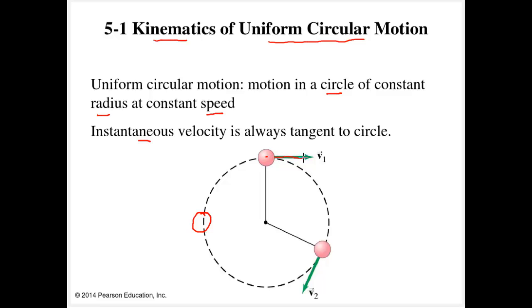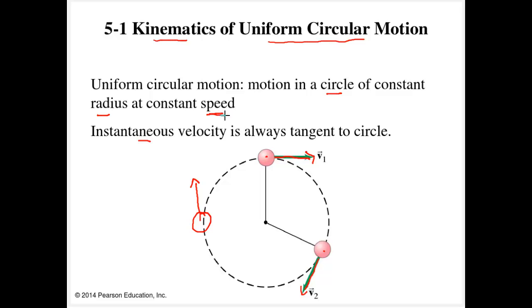Its velocity is actually going to be tangential to the circle. You can kind of see that in your mind's eye if this ball was rotating round and round. At any given second, the instantaneous velocity is going to be perpendicular to its flight path.